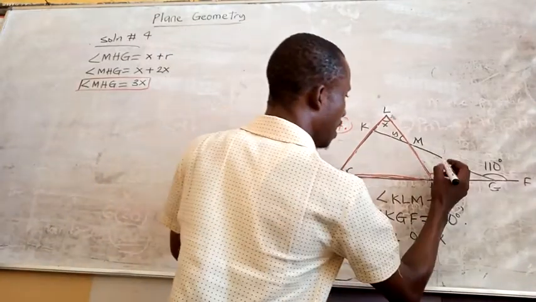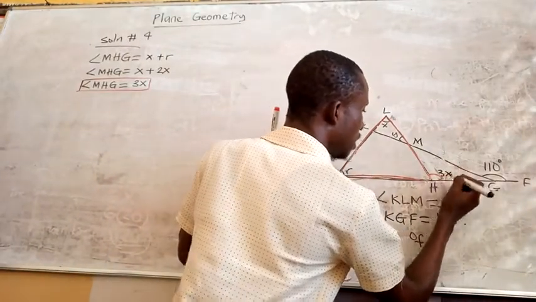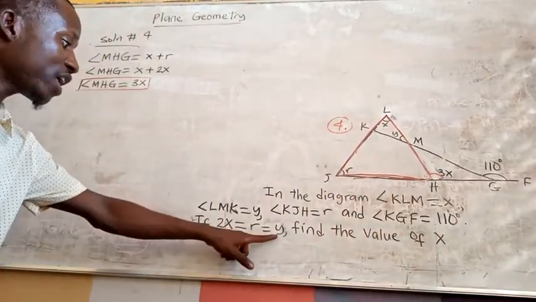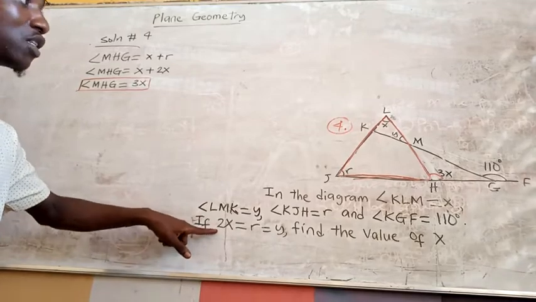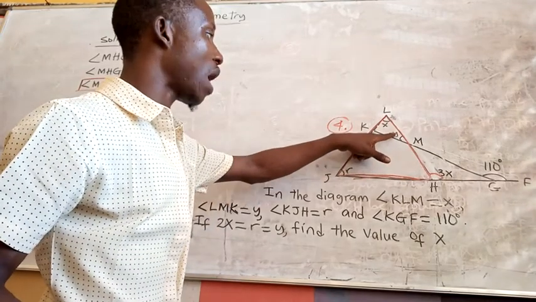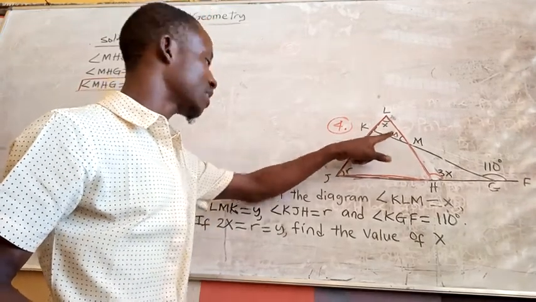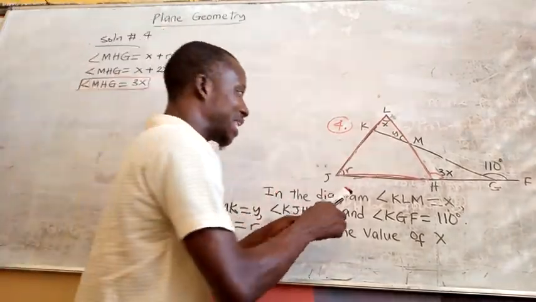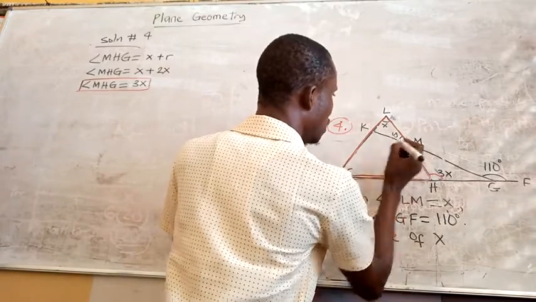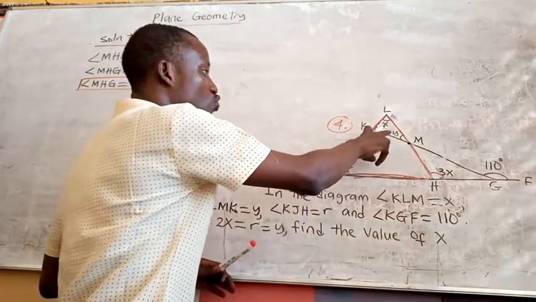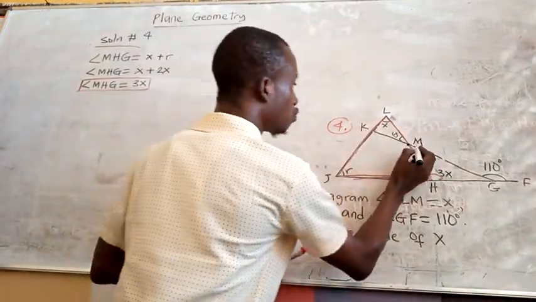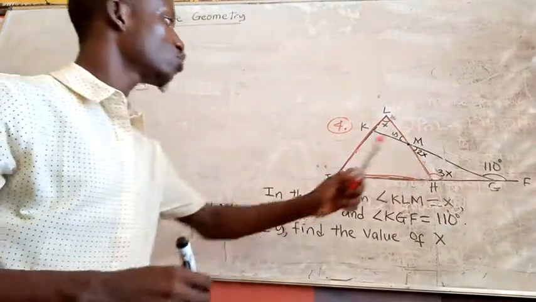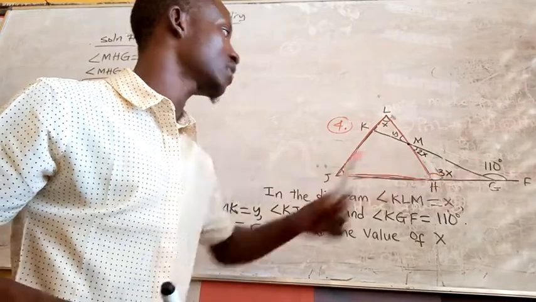So we place 3x here. We are also told that y is equal to 2x. Since vertical angles are equal, angles that share the same vertex, if here is 2x, here will also be 2x.